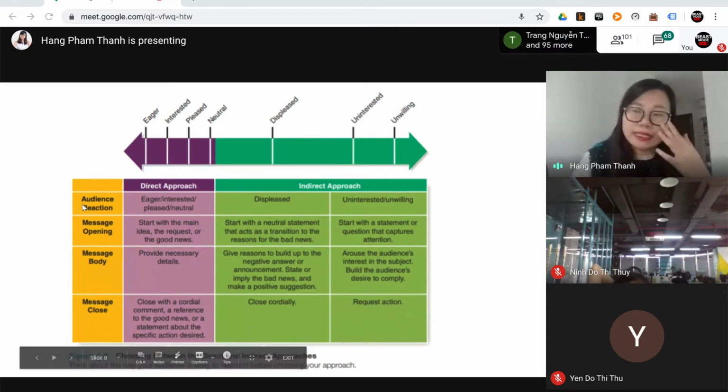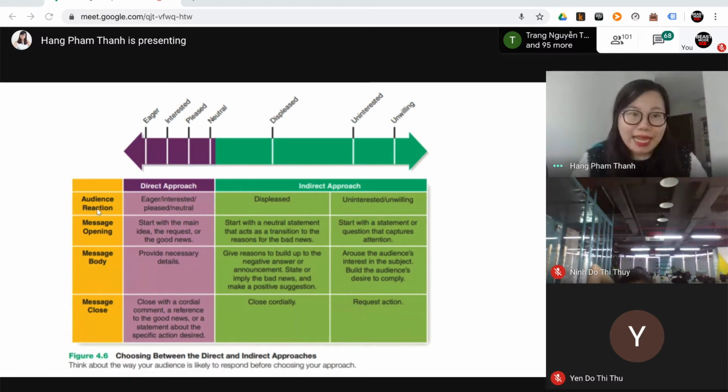The first one is the audience reaction, then the message opening. They are using the audience reaction as the criteria for choosing either the direct approach or the indirect approach. So here they put the audience reaction into a continuum, starting with unwilling, then uninterested, then displeased.